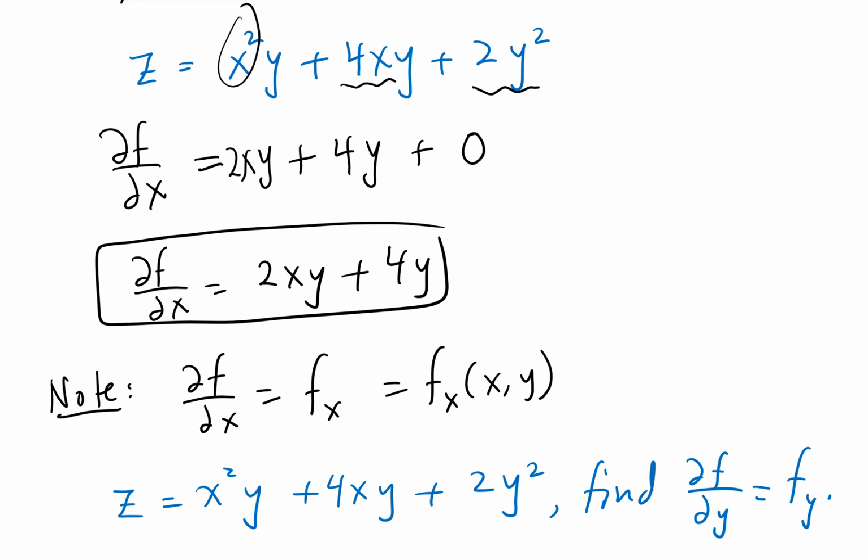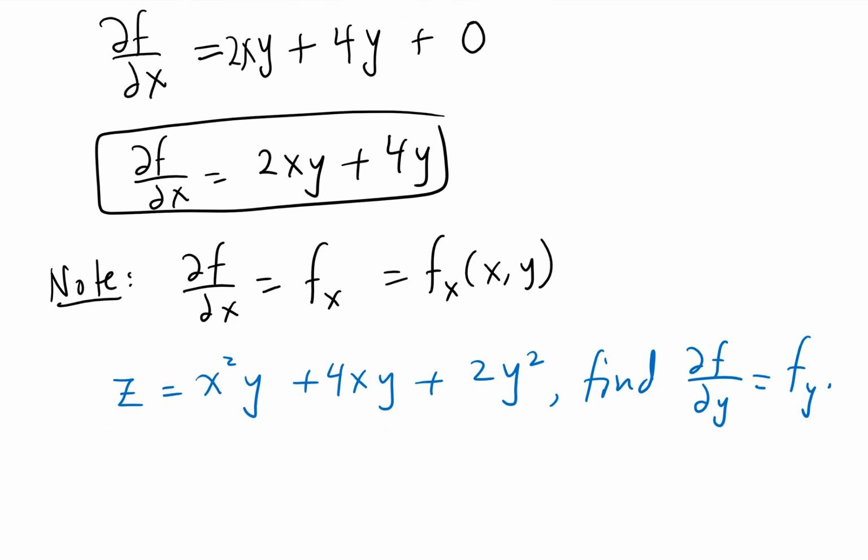How are we going to find that out? Well, in this case, I'm differentiating with respect to y, so we consider the other variables as constants. So here, this means x is a constant. So partial f with respect to y, this is f of x, y. With respect to y, let's see. x squared is a constant, just bring it down.